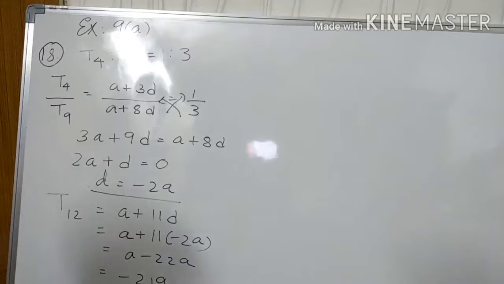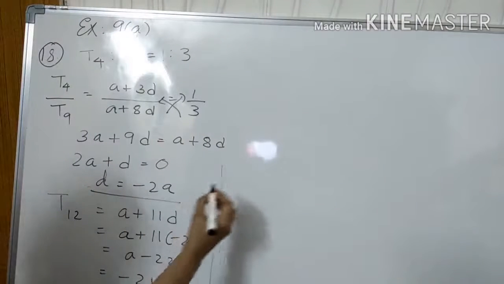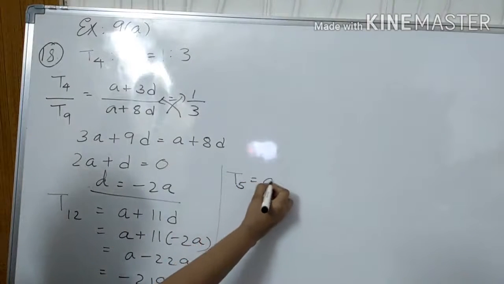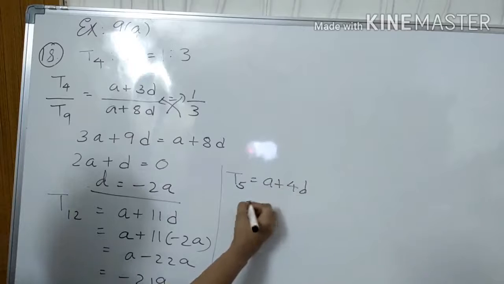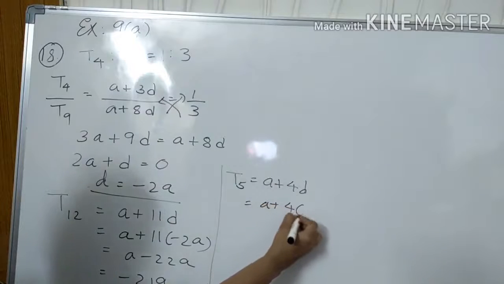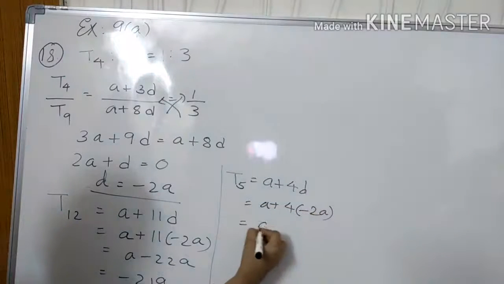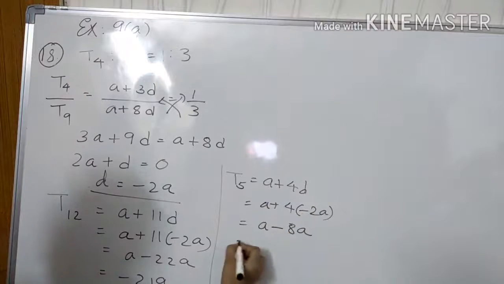Now I write term 5: T5 is equal to a + 4d, which is a + 4 times (-2a), equal to a - 8a, equal to -7a. So I get both the terms, term 12 and term 5.